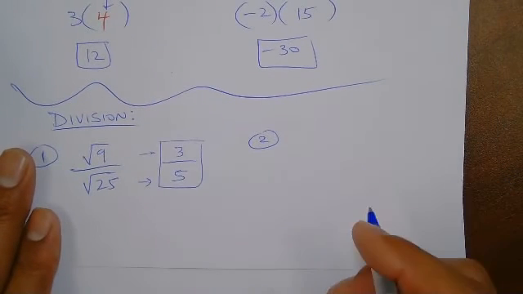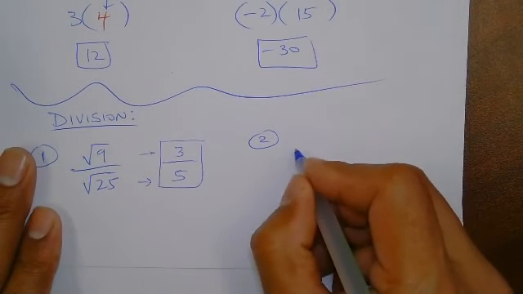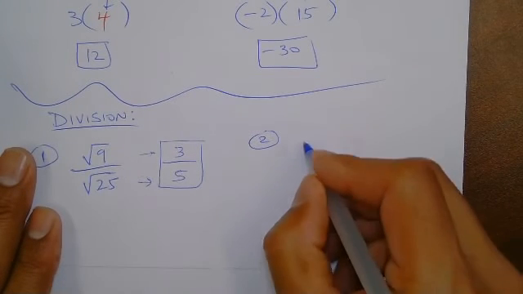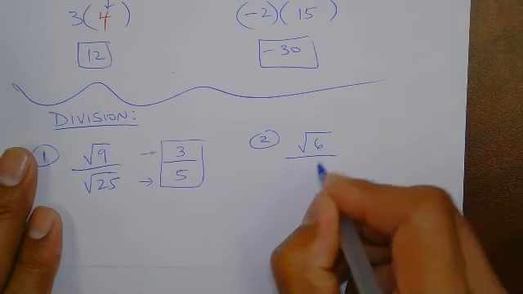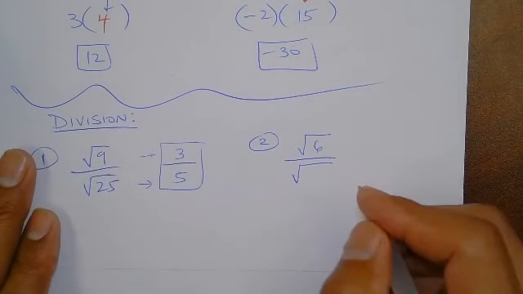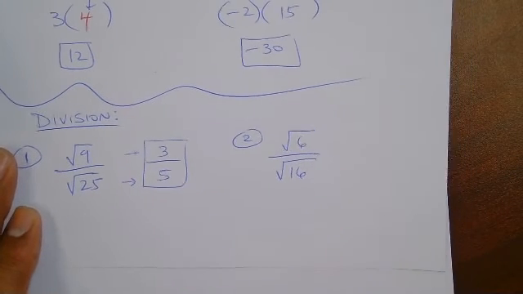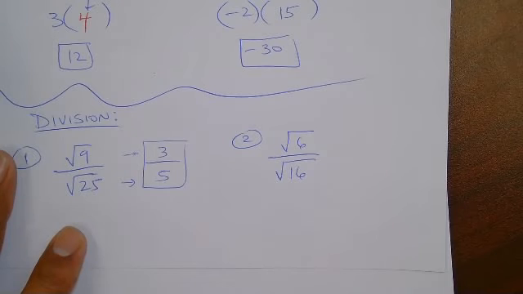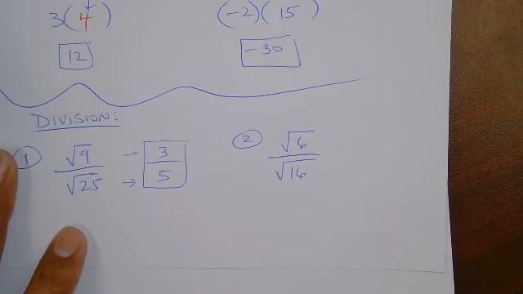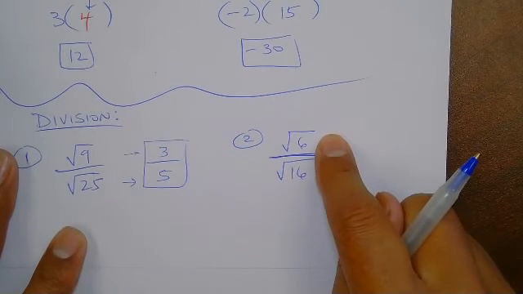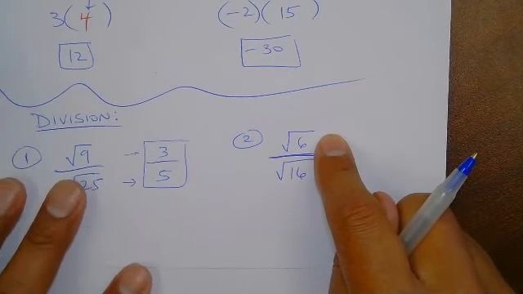Okay, number 2. What if I have the square root of, let me see, hold on, let me check something. Does any one of these have a perfect square root? Always check. Yeah, the 16 has a perfect square root, but not 6.